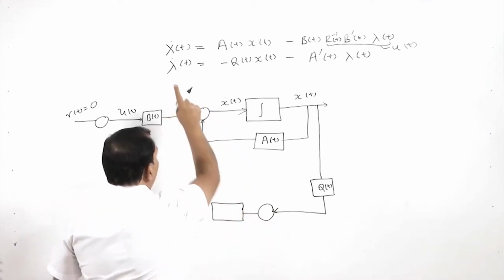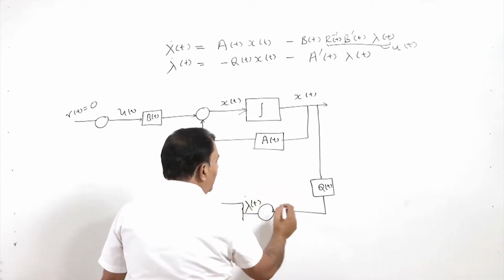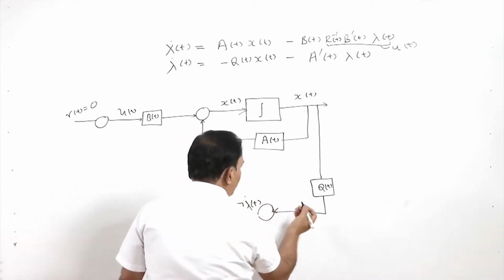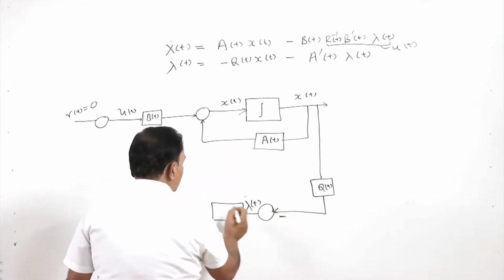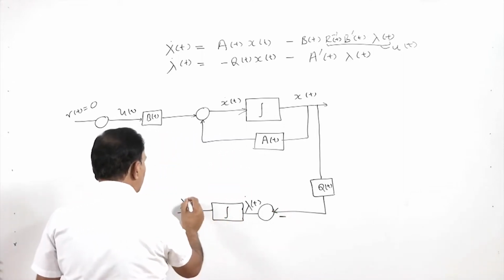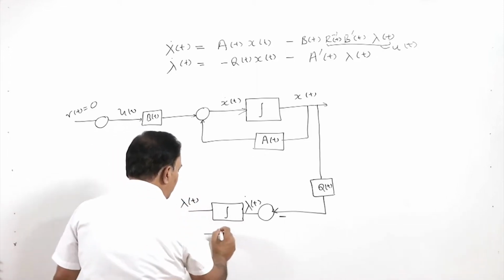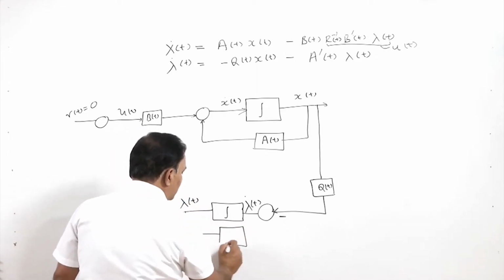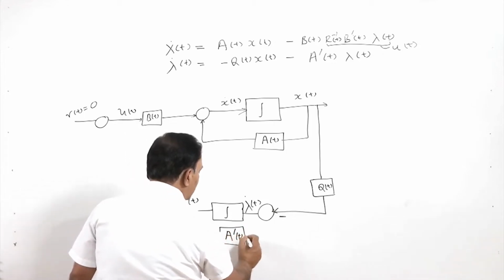So what I am getting is lambda dot t as Q t x t with a negative sign. I take my negative sign here. Integral, I get lambda t multiplied with A transpose t.